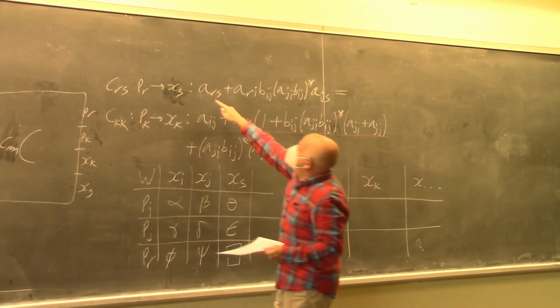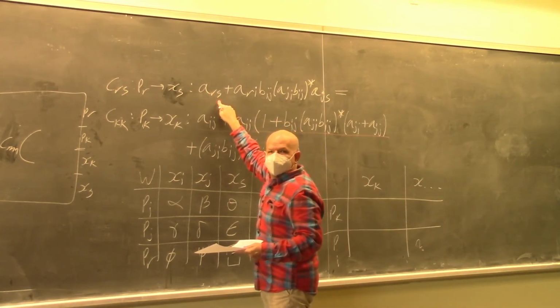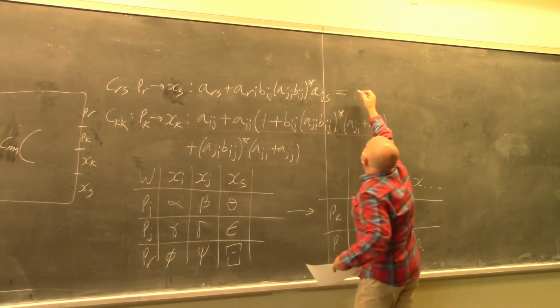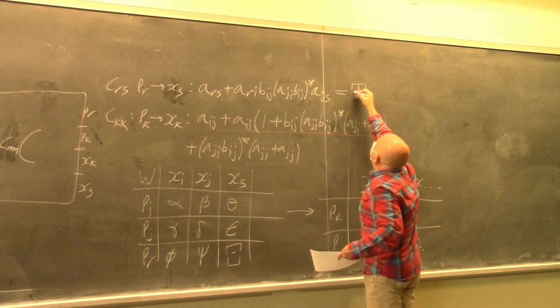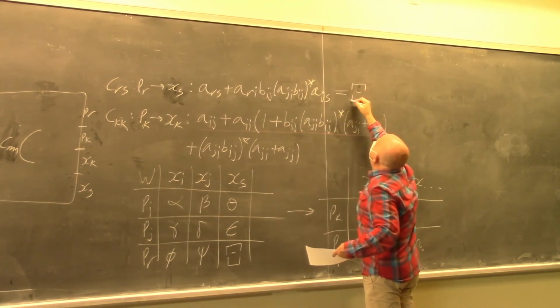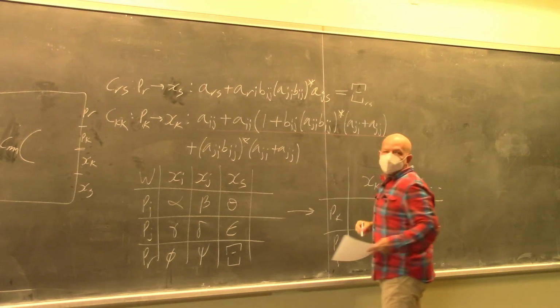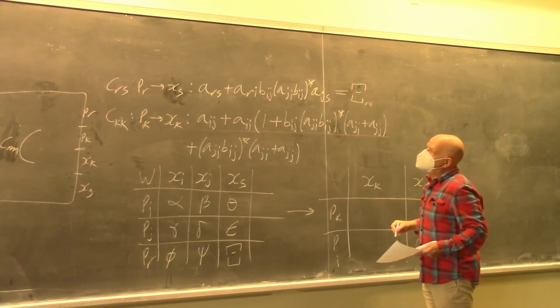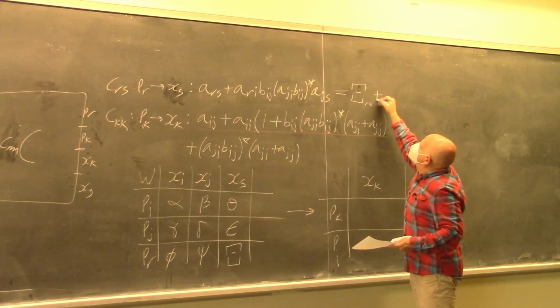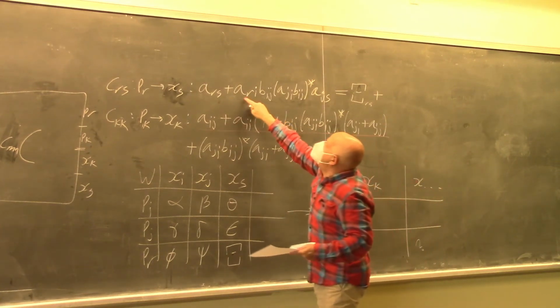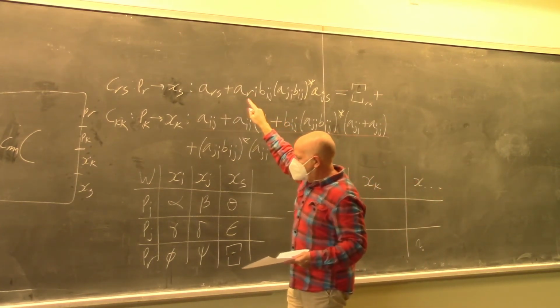So ARS is just an entry of psi, so it's really psi sub RS, if you wish. To this I want to add ARI. What's ARI?